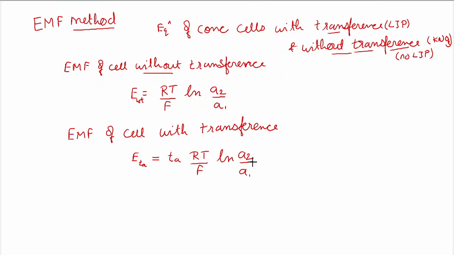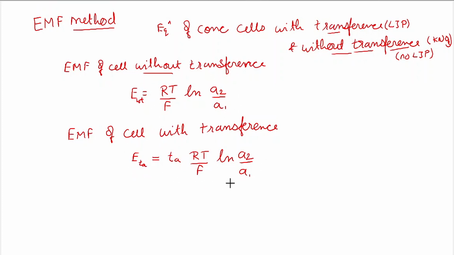Here A2 and A1 are the activities of the electrolytes that we have taken. So we have these two equations. Now we will take the ratio of these equations, that is, divide this equation by this equation.